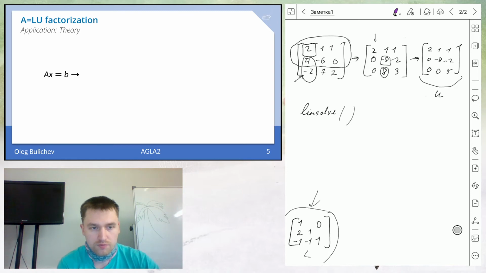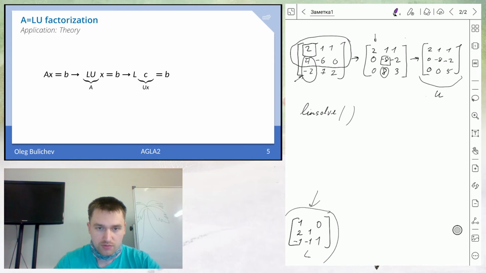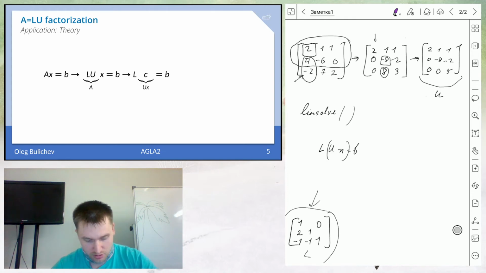So what's the goal? We have Ax equal to b. After this, we can rewrite it as LUx equal to b. We just expand our A. We factor this. Firstly, we say LUx equal to b. Now let's call Ux equal to c, and find c.